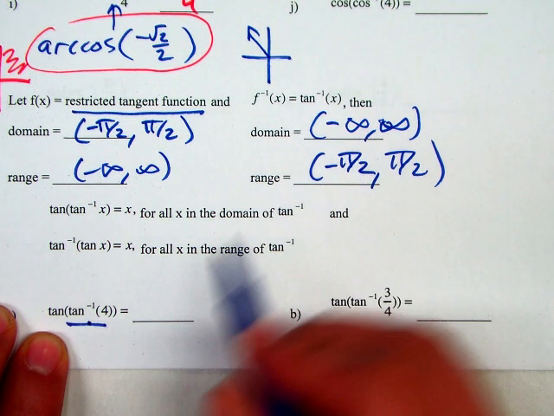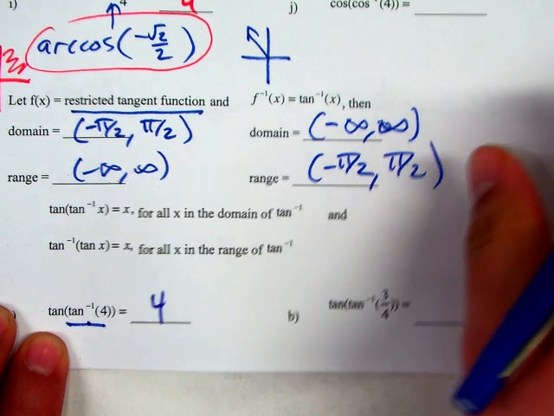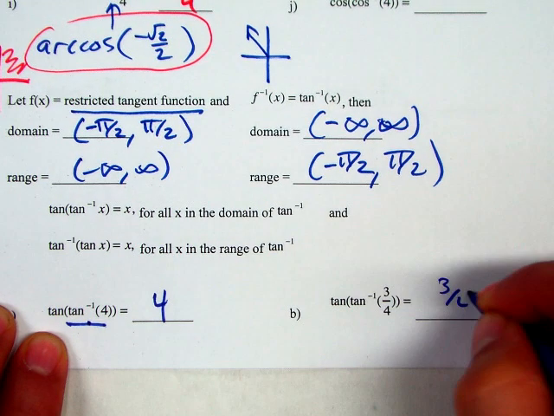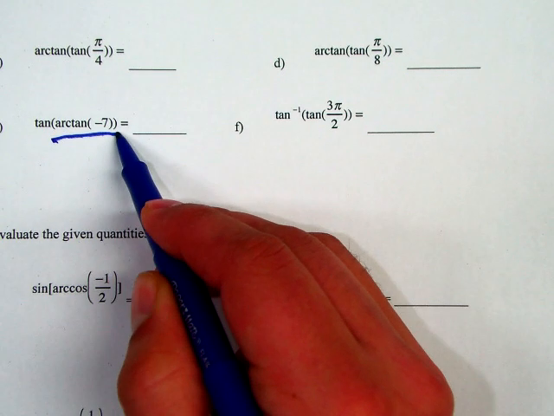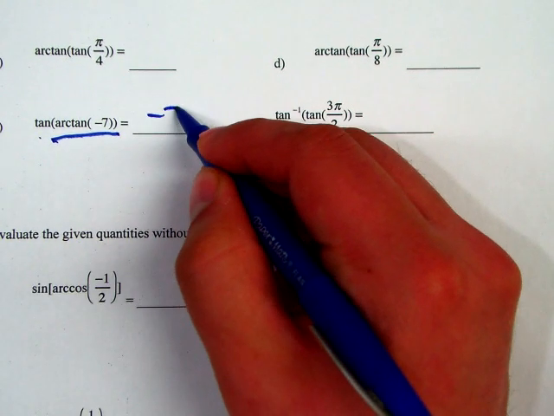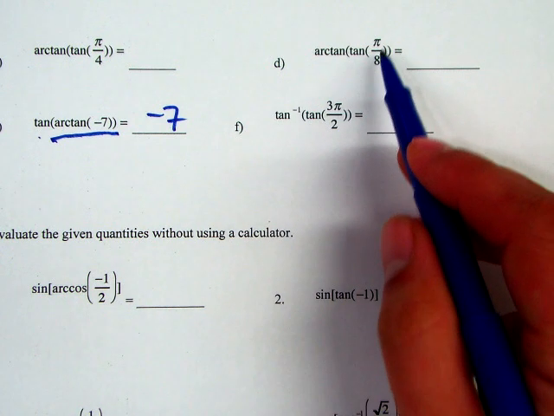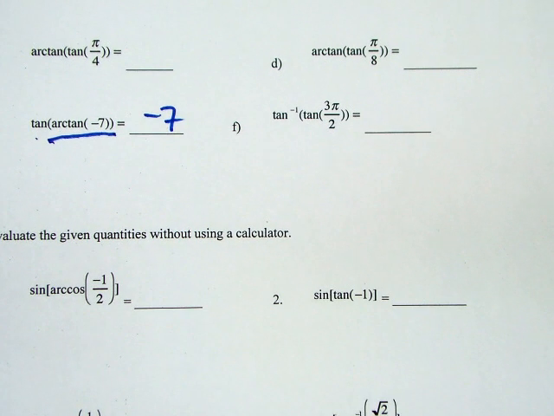So this answer is going to be 4. This is going to be 3/4. Here's another inverse with tangent, so this is good. Okay, so those are good to go. Let's go back and finish the other ones.